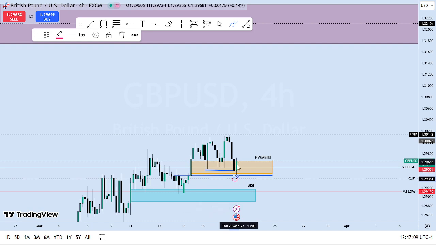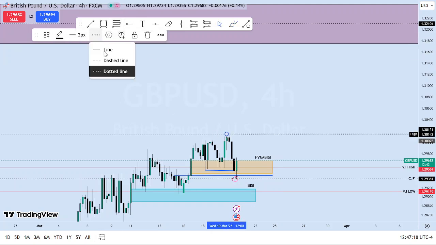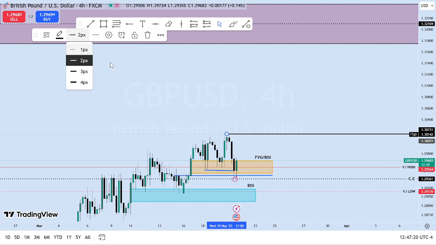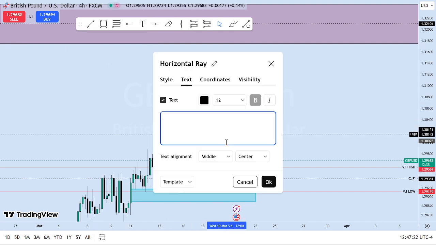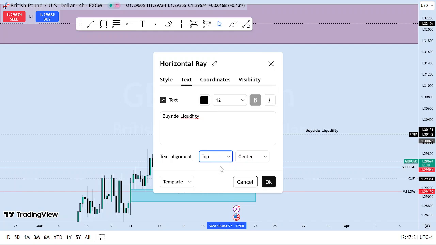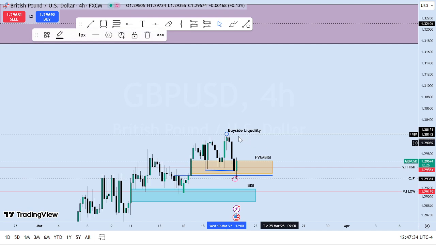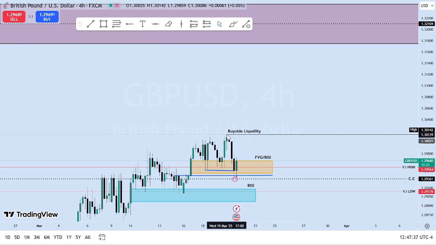So anticipating price trading up, you have buy side liquidity resting above here. That's buy side liquidity. The previous high, the last up close candle, that's buy side liquidity.